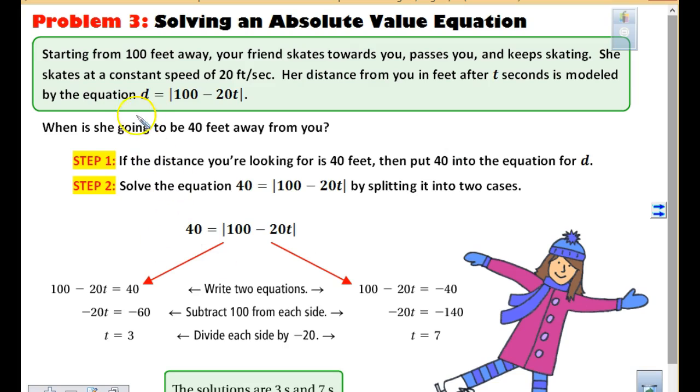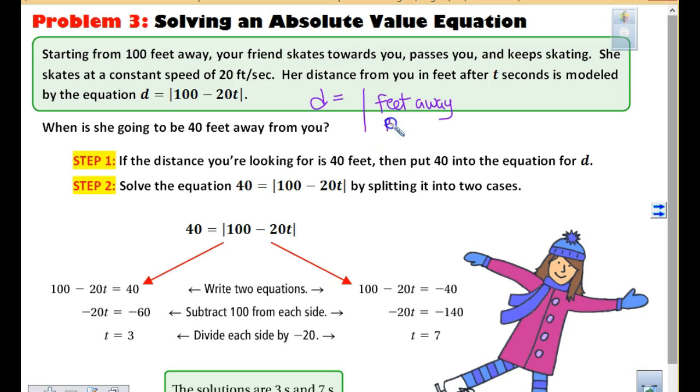What we are always looking at is your distance, d, is equal to the absolute value of how many feet away. You're always going to set yours up in your homework. The homework question looks just like this.